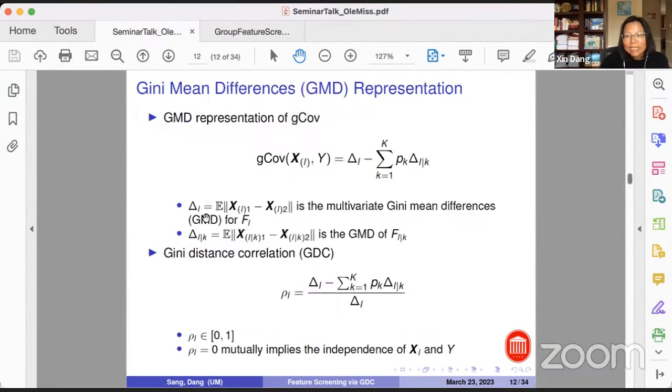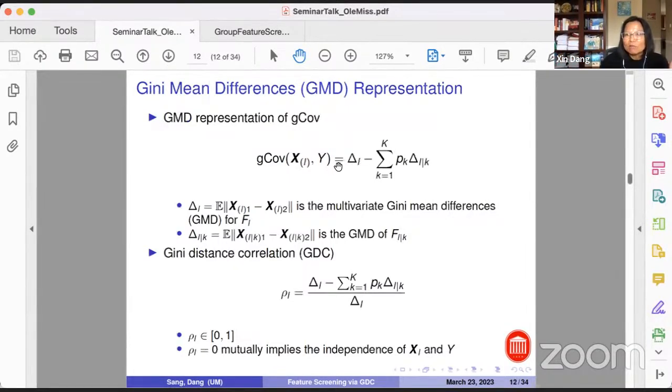So you just randomly select two random variables from the distribution, and you find the expected distance between these two random variables. It is the multivariate Gini mean differences. So from the marginal, you draw two random variables, find their distance. And for each conditional distribution, you draw two random variables, you find their distance.